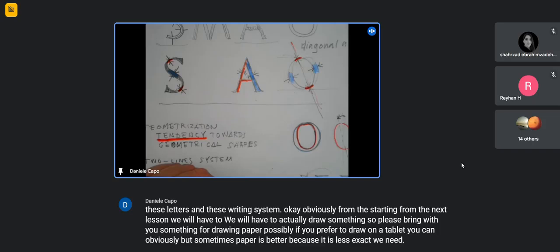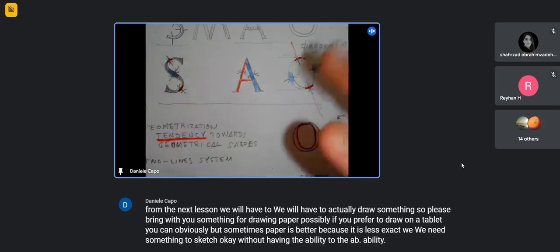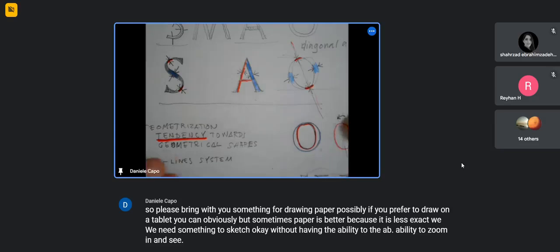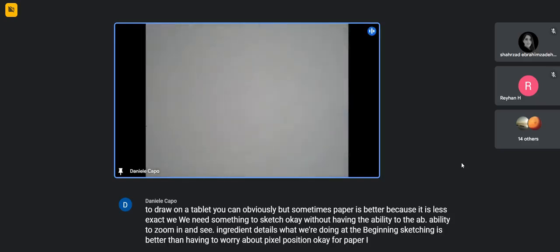We need something to sketch, okay, without having the ability to zoom in and see in greater detail what we are doing. At the beginning, sketching is better than having to worry about pixel precision.